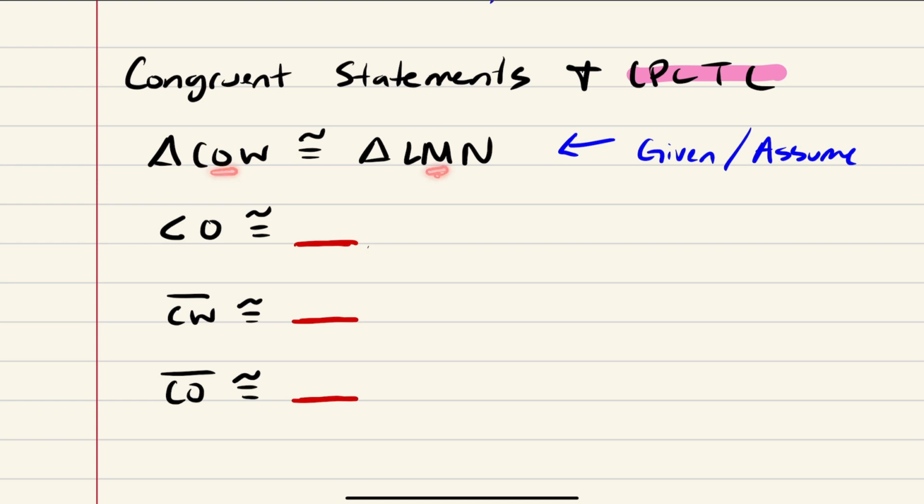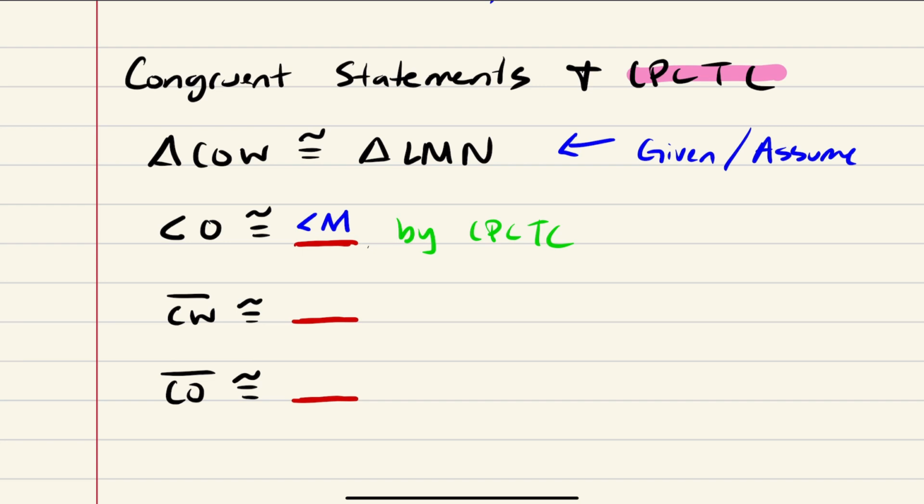In this case, it'd be M. So I write angle M is congruent to angle O. And how did I know that those two things are congruent? Well, first of all, you have a given. You can assume that these two triangles are congruent. And if these two triangles are congruent, you apply CPCTC. So this occurs by CPCTC.